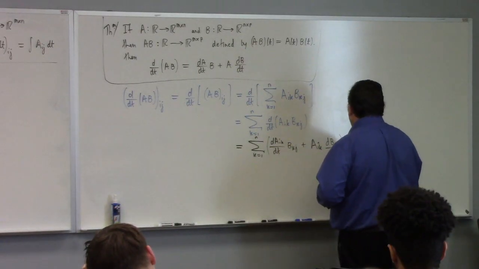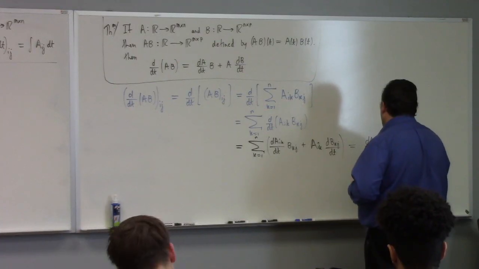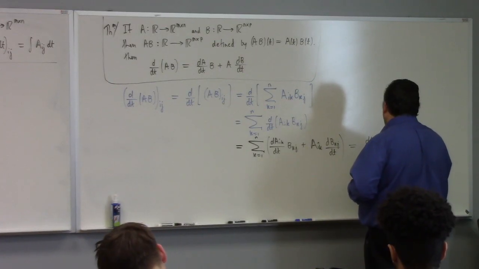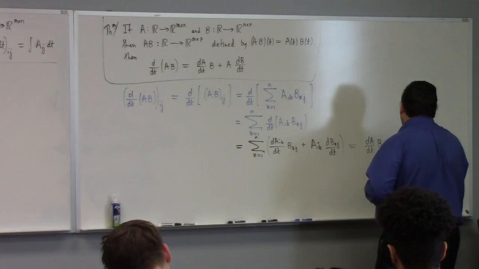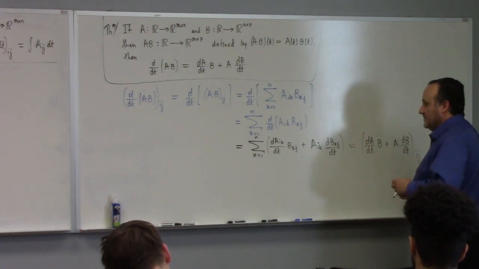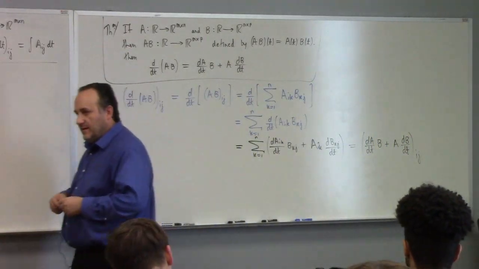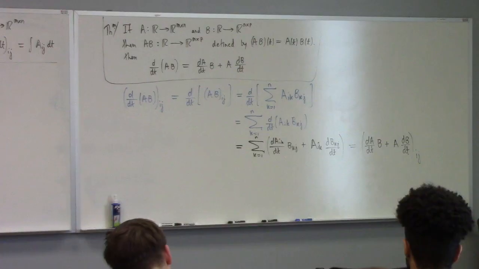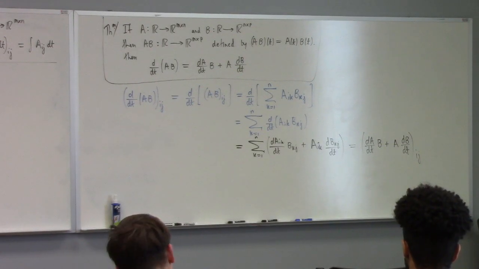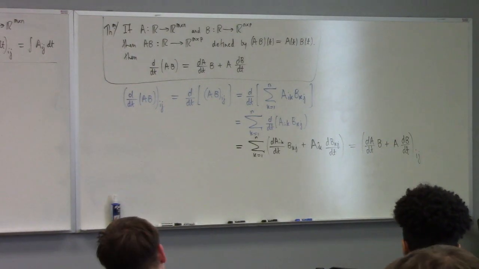But if I just undo what I just did, that's nothing more than dA/dt times B plus A times dB/dt, the ijth component of that. And since this identity holds for arbitrary ij, the product rule follows. All right? So this is the product rule.